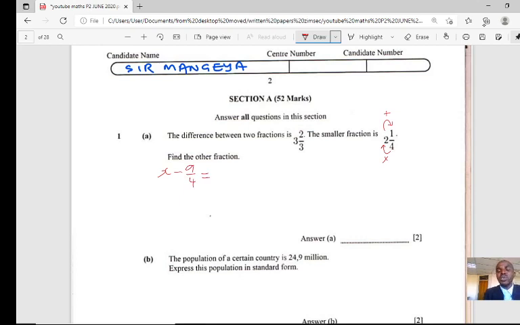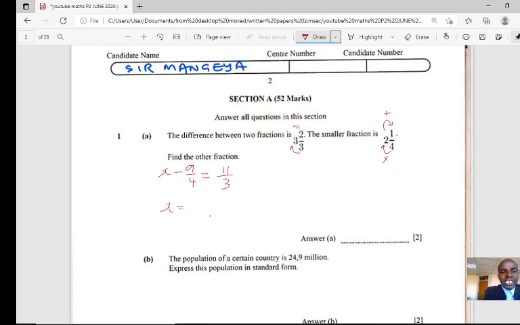Then the difference between the two fractions is 3 2/3. I also have to convert this 3 2/3 to an improper fraction. You say 3 times 3, 9, plus 2 on top, it will be 11. So it will be 11 over 3, like this. Then collect like terms in X on the left side, without X on the right side.